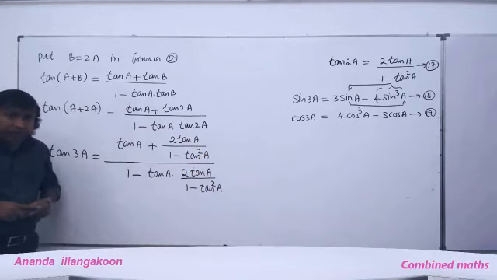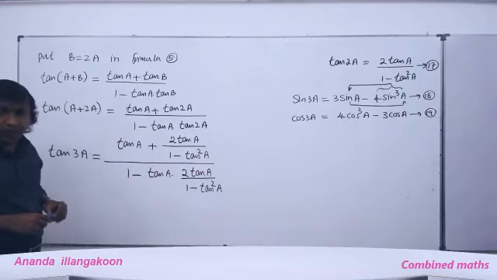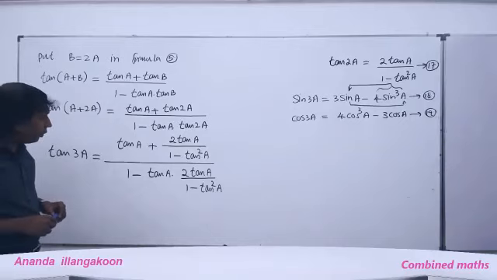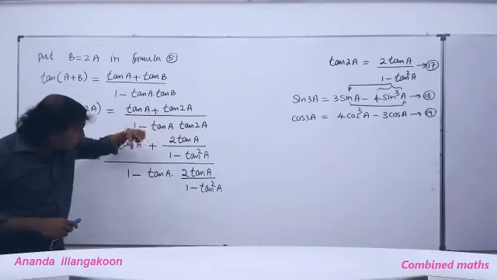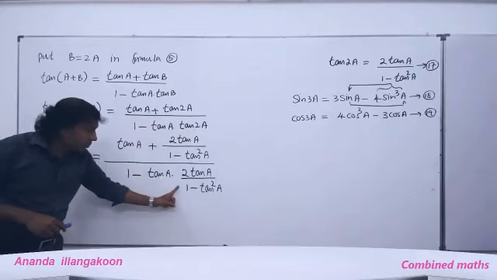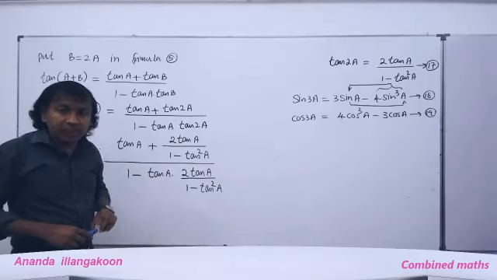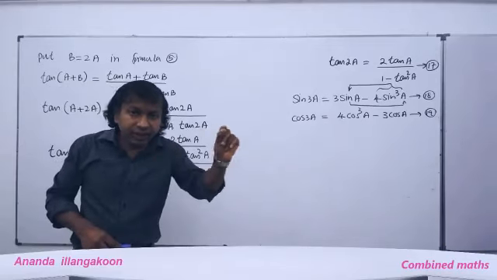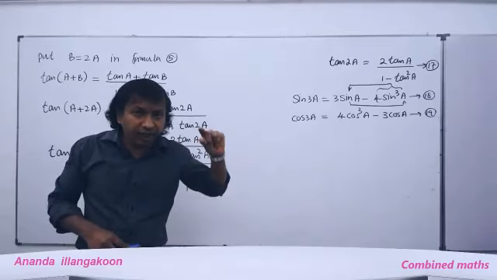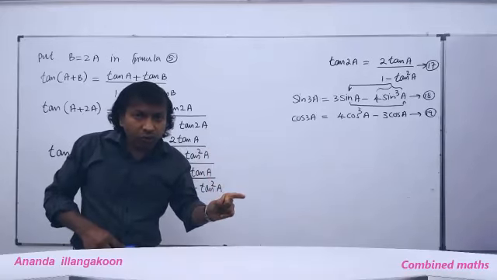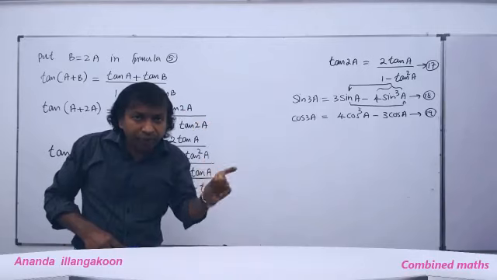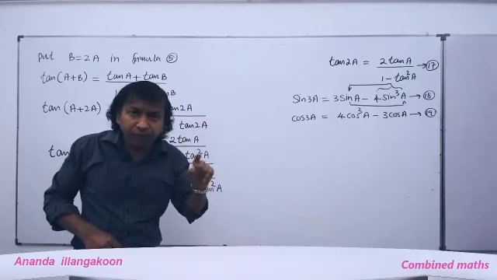Now to get our answer, the formula for tan 3A, people, what we do is this. The numerator's two terms and the denominator's two terms, we multiply by 1 minus tan squared A. You know, in a fraction, when we multiply or divide all the terms at the numerator and all the terms at the denominator by the same value, same real number, same expression, people, the fraction won't change.